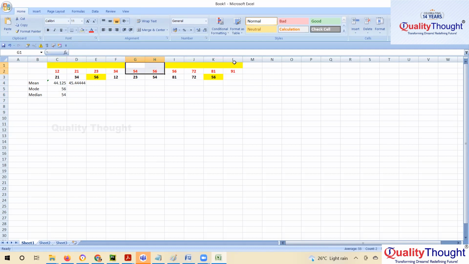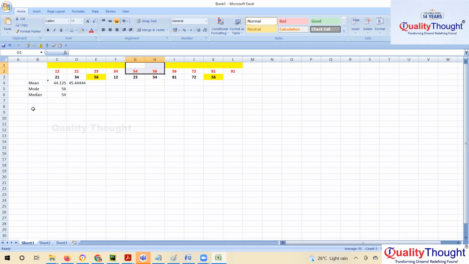You take the average of these two, which is 55. So 55 is the median. If you have an odd number of values in the data set, there will be only one middle value, which is the median. But if you have an even number of values, there will be 2 values at the middle, so we take the average of the 2 values.